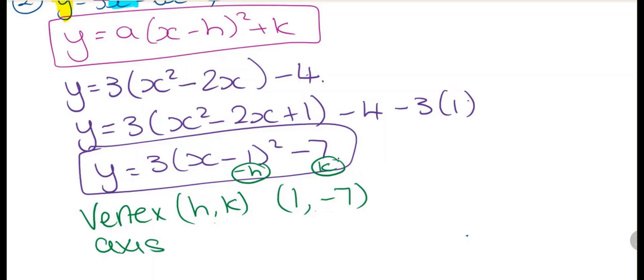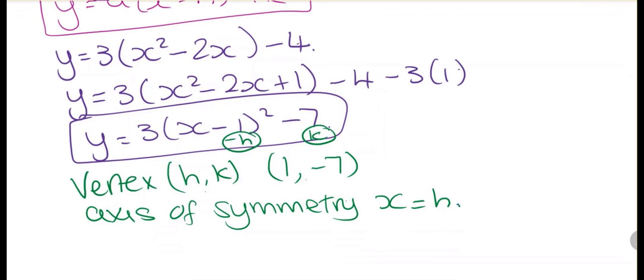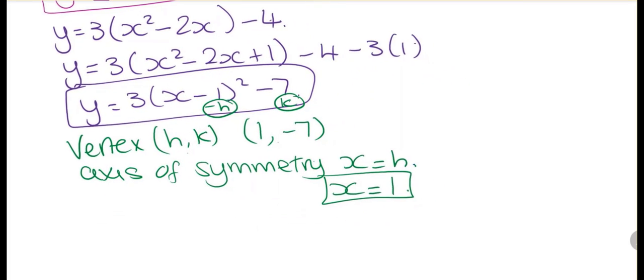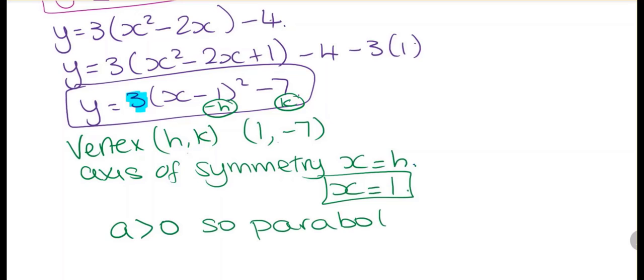Our axis of symmetry is x is equal to h. Our h value is 1. So our line is going to be x is equal to 1. Now the last thing we need to work out is which way it opens. So we look at the a value. So a is greater than 0. So the parabola will open upwards.